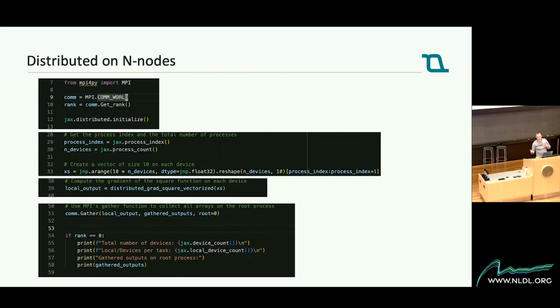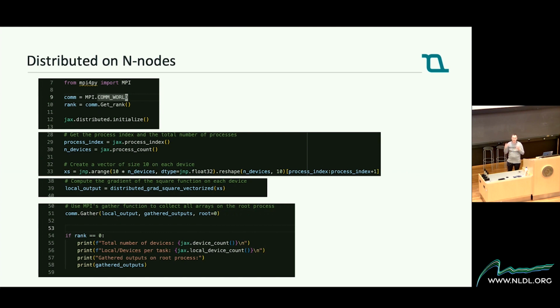But we kind of promised you that we would do things on more than a single GPU. What I'm trying to show you here might look a bit scary, at least if you're not used to MPI. I'm not used to MPI, and I was able to do this. The reason I need to use MPI is that Jax is really good at distributing, but it's not as good at collecting the data in the end.